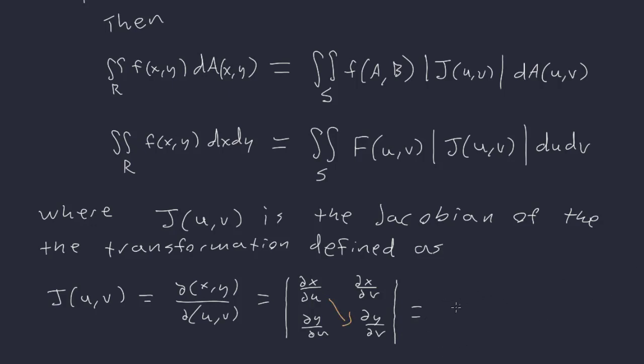So we'll have the derivative of x with respect to u times the derivative of y with respect to v, minus, now the opposite diagonal, the derivative of x with respect to v times the derivative of y with respect to u. This is what goes in the absolute value.